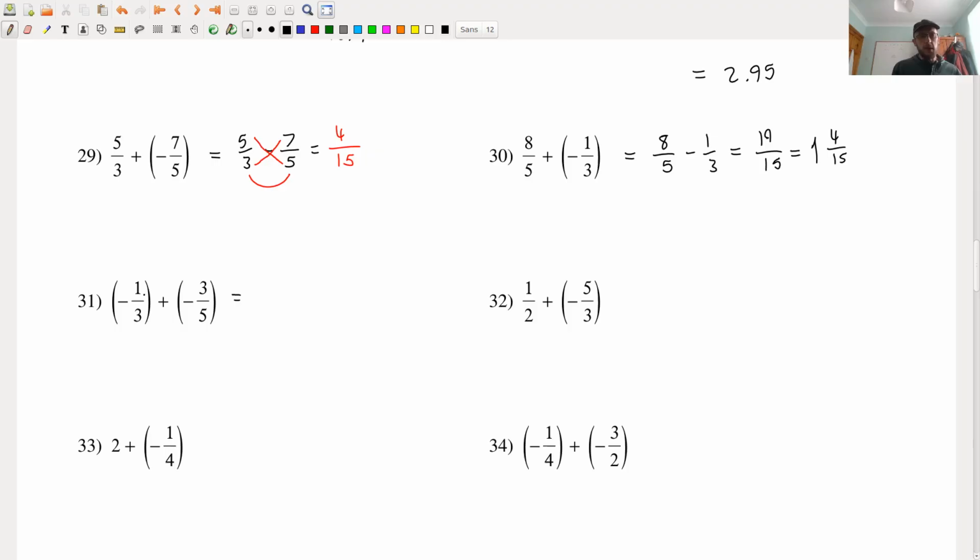Here we have negative 1/3 plus negative 3/5. I view that as the negative of 1/3 add 3/5. 1/3 add 3/5 is 5 add 9 all over 15, which is 14 over 15, so it'd be negative 14 over 15.